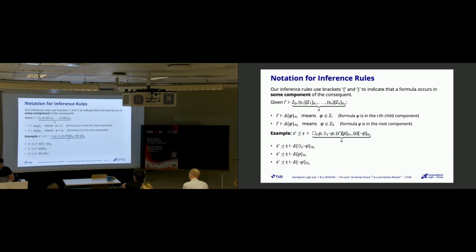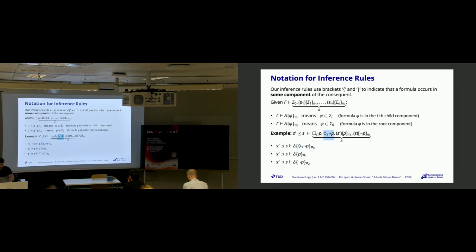Okay, to make this notation concrete, let's look at a little example. So here is a nested sequent, and we represent the consequent by means of delta as usual. And there are multiple ways that we can represent this nested sequent in this notation that I've just described. So first, for example, I can have inside of the brackets diamond S naught P, and since that's tagged with a pi naught, that is telling me that this diamond formula is occurring at the root component of my nested sequent.